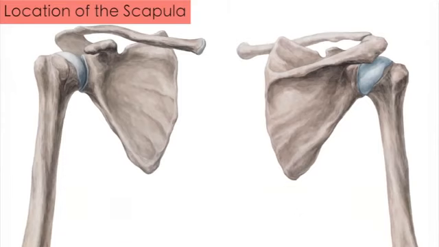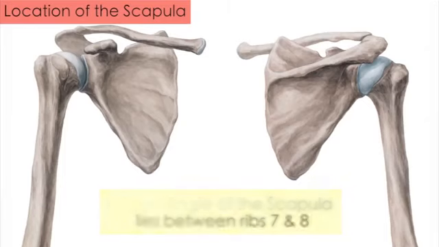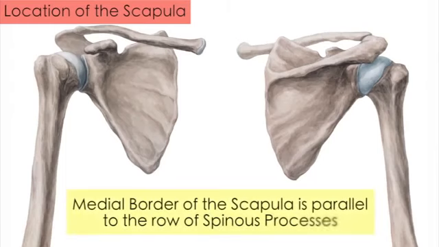The third point is that the inferior angle of the scapula lies between ribs 7 and 8. And the fourth and final point is that when your arm hangs down, the medial margin should be parallel to the row of the spinous processes on your vertebrae.